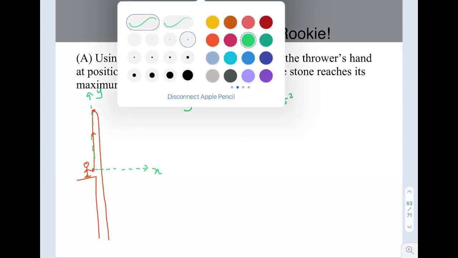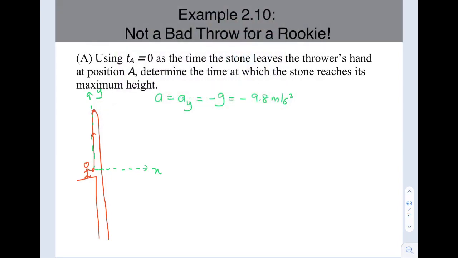Why is it negative? Because the moment here you have V initial, the V and the G are in opposite directions. The A direction follows the delta V direction, because A is defined as delta V over delta T, and T has no direction. So the A direction is according to the V direction.